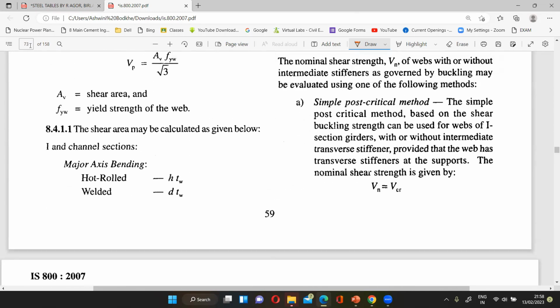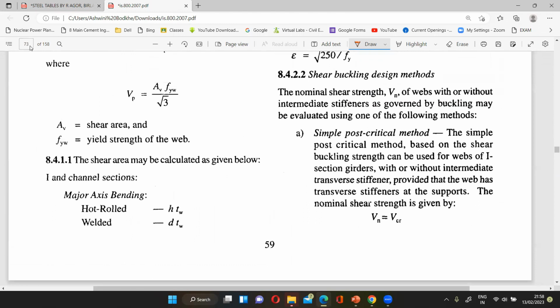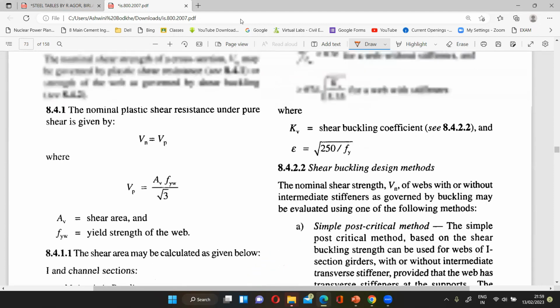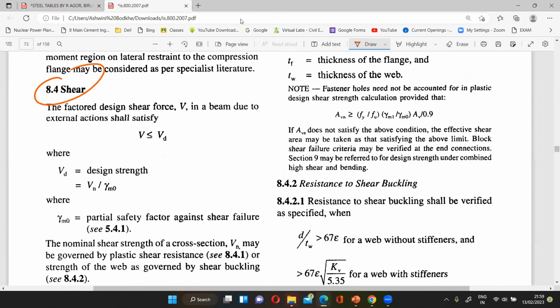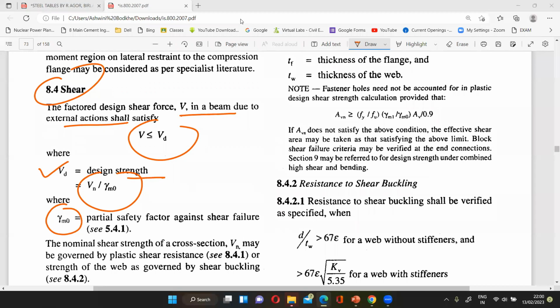Here, this is page number 59, clause 8.4, shear. The factored design shear force V in beam due to external action shall satisfy V less than or equal to VD, where VD is design shear strength, which is equal to Vn upon gamma m0, where gamma m0 is the partial safety factor against shear failure, which is equal to 1.1.